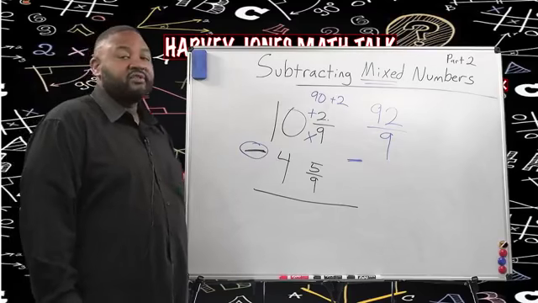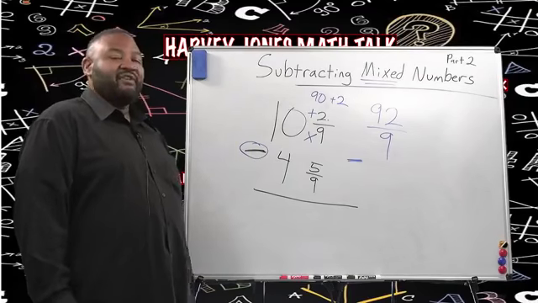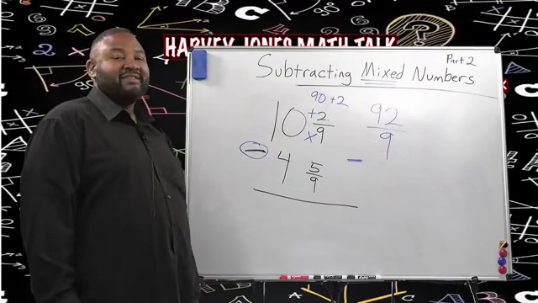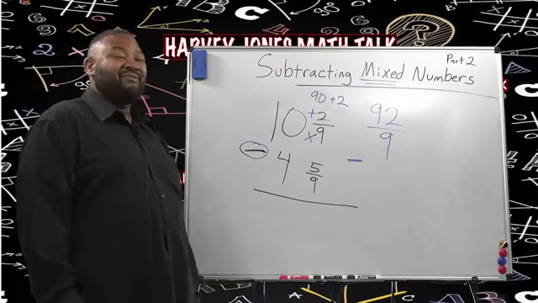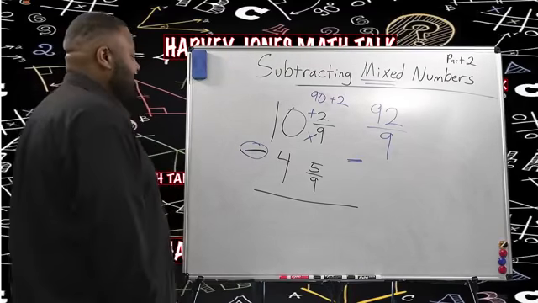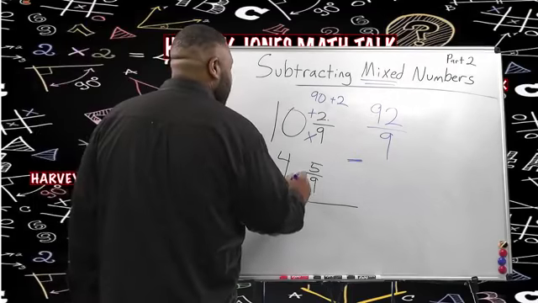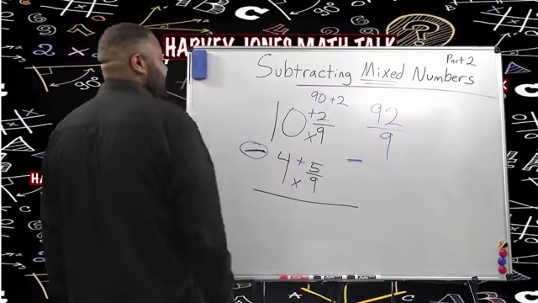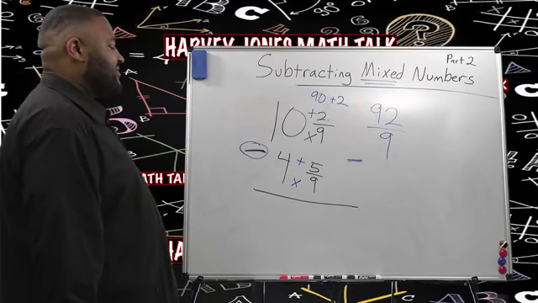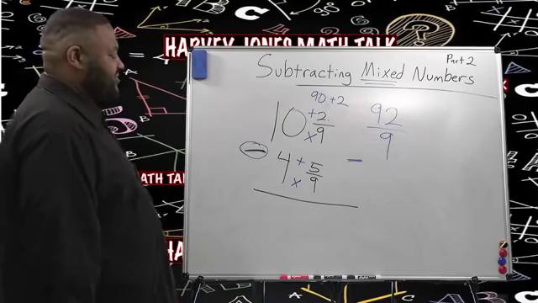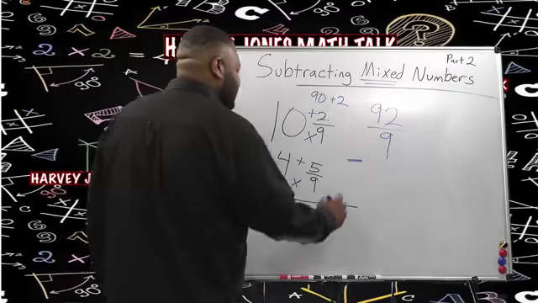This is not hard. But you got to know how to multiply. You got to know how to add. You got to know how to subtract. And you got to know how to divide to do this. You multiply, then you add. 9 times 4 is 36.